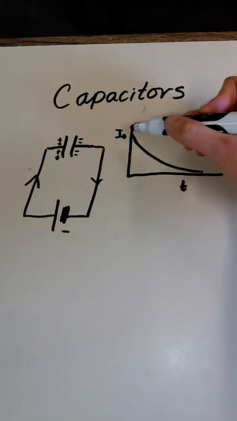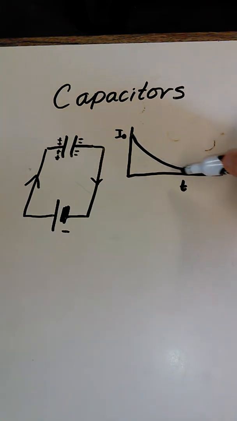So if we've got a charging graph for capacitors, it's this shape. Now, you do get given a couple of equations for capacitors. You get given one in the form of x equals x0 e to the minus t over CR.